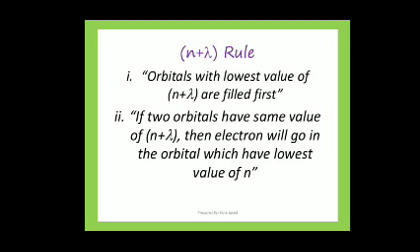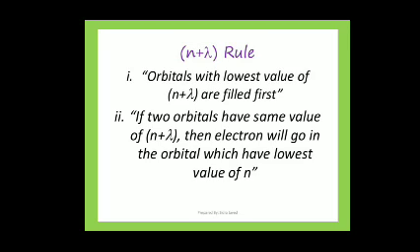These different orbital energies can be calculated by the given increasing order of energy levels of orbitals. 1s is less than 2s, 2s less than 2p, 2p less than 3s, 3s less than 3p, 3p less than 4s, 4s less than 3d.